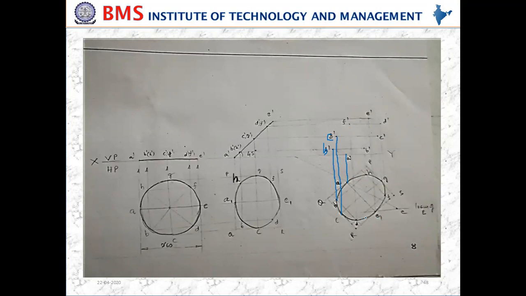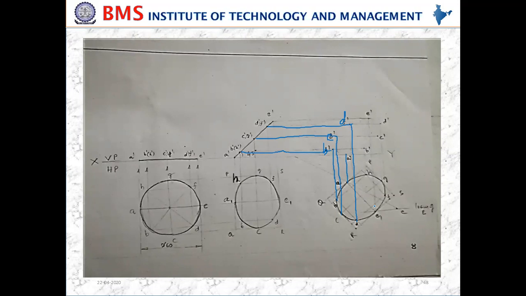Then D proceeds from the vertical projection. Then the horizontal projection, D is here. So I made it upside down, I think. Anyhow, from D, this one, then from C dash, then this one. Then from B dash, then this one. I got the points.